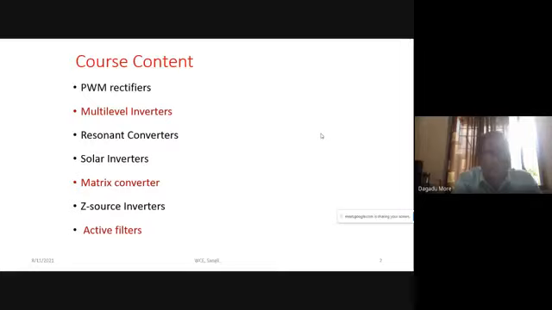These are two-level inverters, and the second module will be on multi-level inverters. We will discuss what is meant by multi-level inverters in the second module of our syllabus.